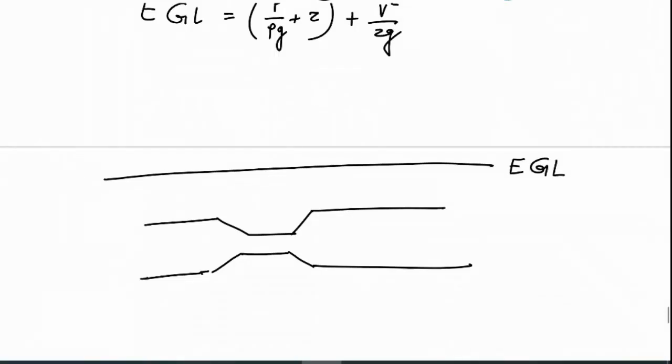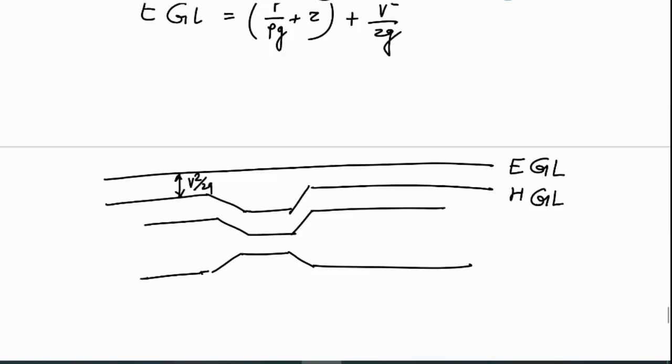Now, this will be the hydraulic grade line HGL, and the difference will be V square by 2g. So here you have a V square by 2g difference, here again you have a V square by 2g difference. At some point you will have a difference more, at some point you will have difference less, because velocity is changing along the pipe, because cross section is changing.